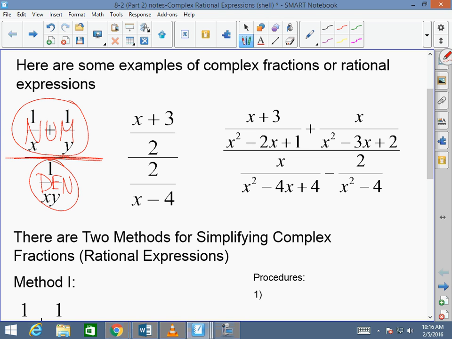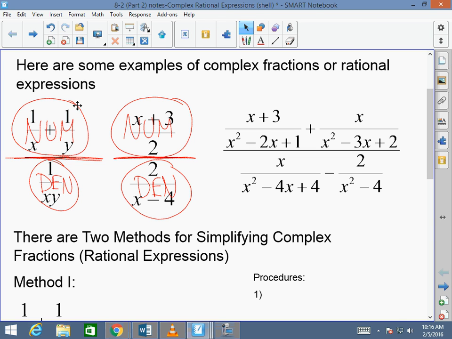We're going to show you how to work with that in a second, but I need you to understand how to recognize it. Here, I've got this fraction divided by this fraction. That meets the criteria for a complex fraction. This is your numerator. This is your denominator.